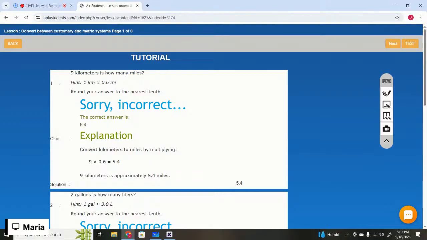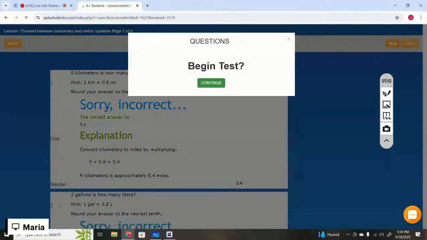So we're going to convert from kilometers to miles. 1 kilometer equals 0.6 miles. So that is 9 times 0.6. That is 5.4 miles. Let's just start with the test questions.